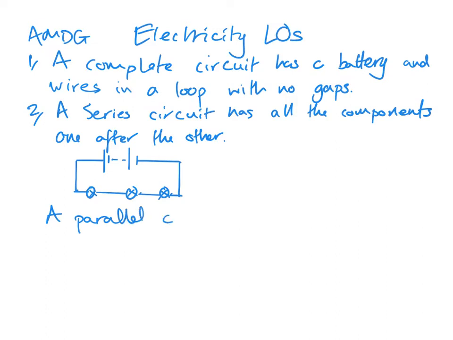A parallel circuit, and I know my writing isn't the neatest in this, P-A-R-A-L-L-E-L, has separate branches. So as soon as you see there are branches in a circuit, then it must be a parallel circuit.